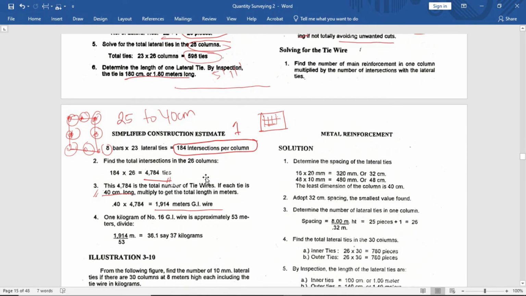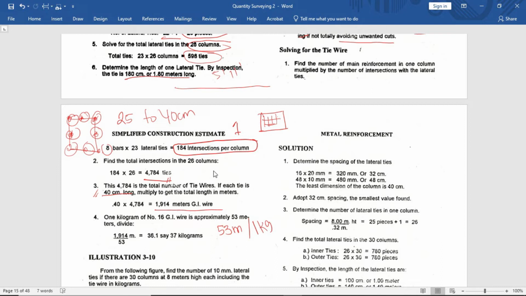So, kukuhaan natin yung kung ilang metrong GI wire. Ilang kilograms naman yung bibilhin natin. So, sabi nga kanina, in every 53 meters, it is 1 kilogram.